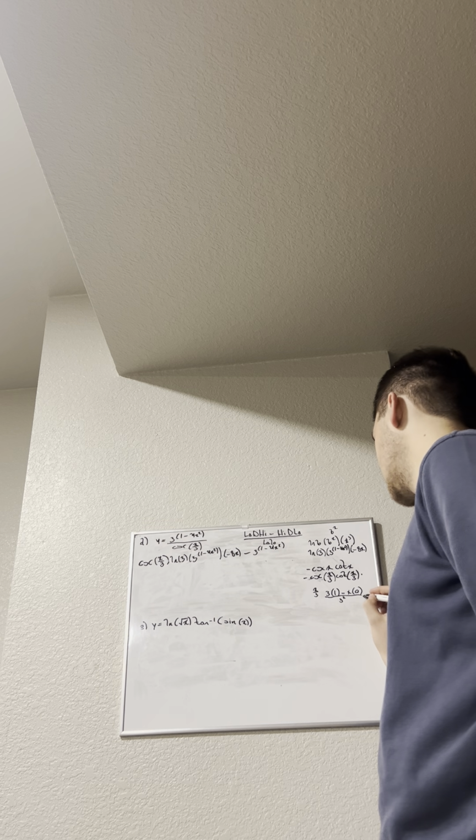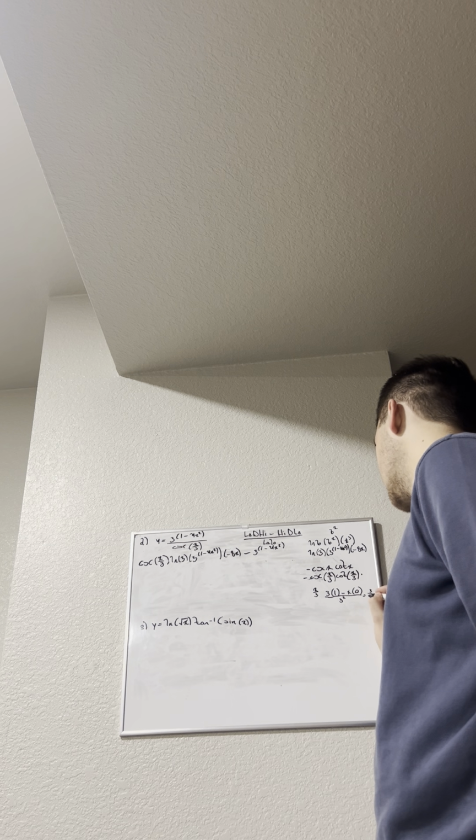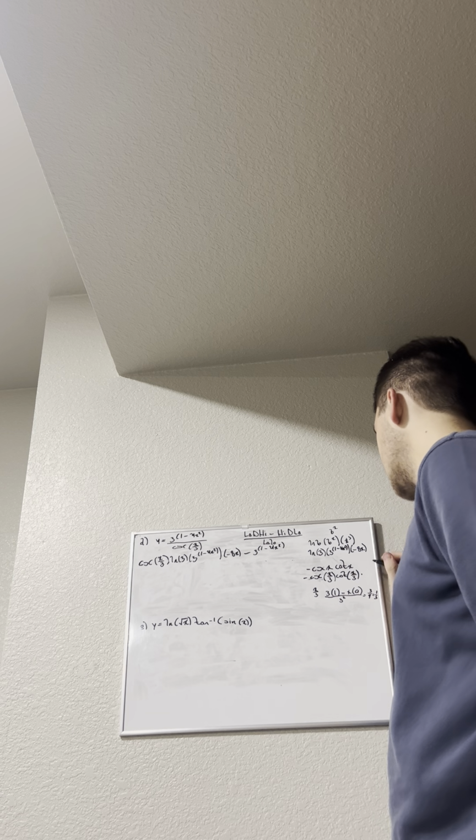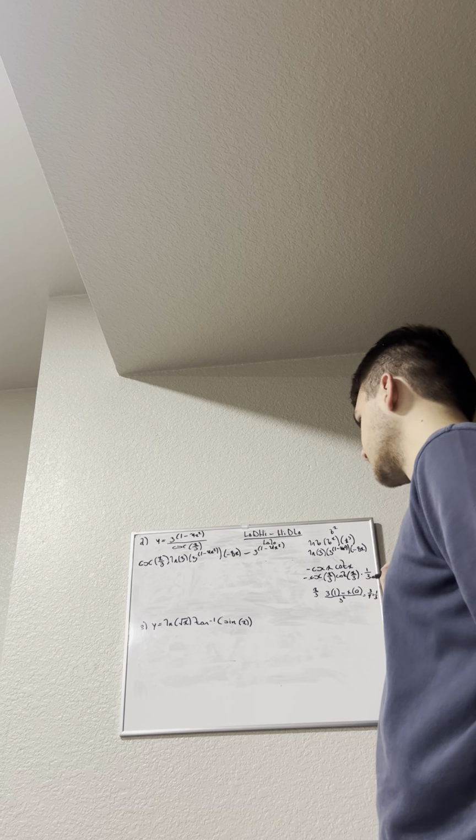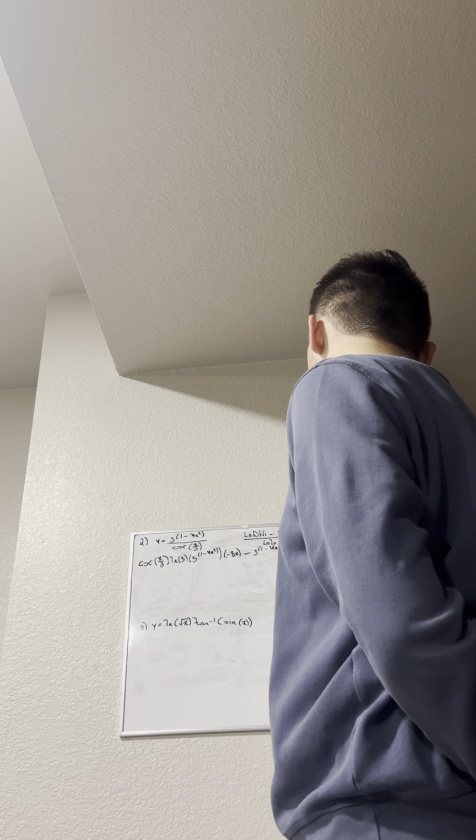That should give you 3 over 9, which gives you 1 over 3. So 1 over 3 is going to be our derivative of the inside function. We have that, so we just multiply it onto this function right here.